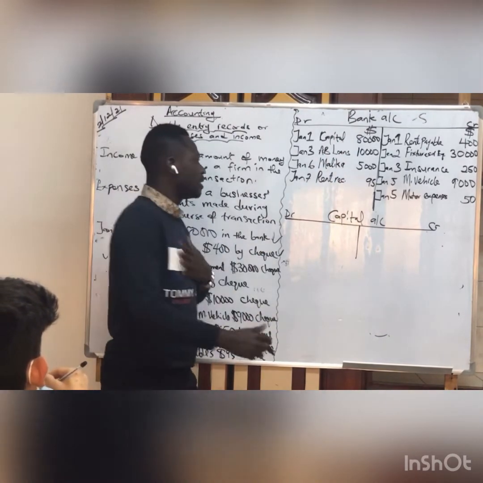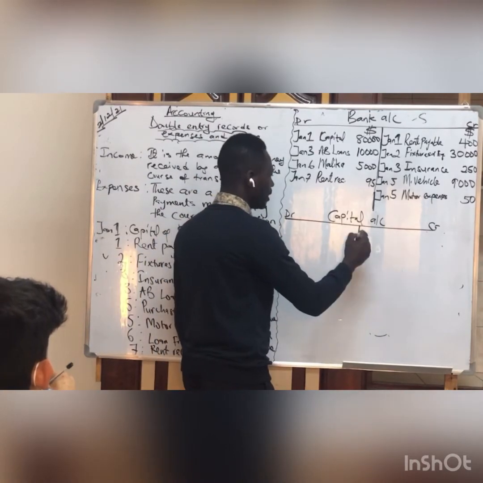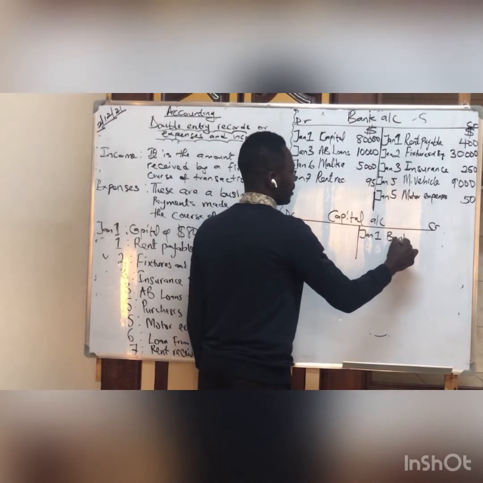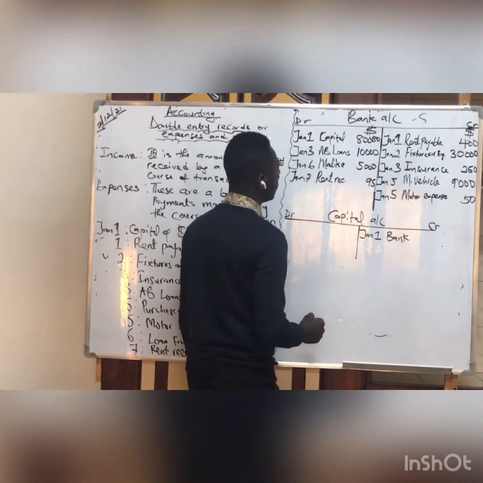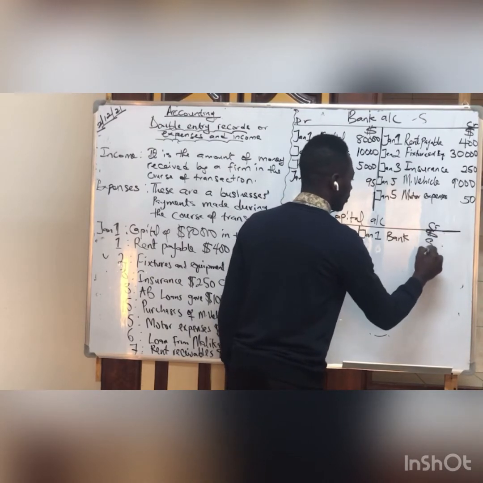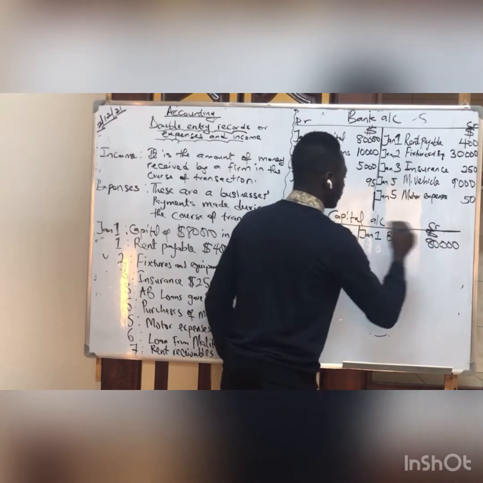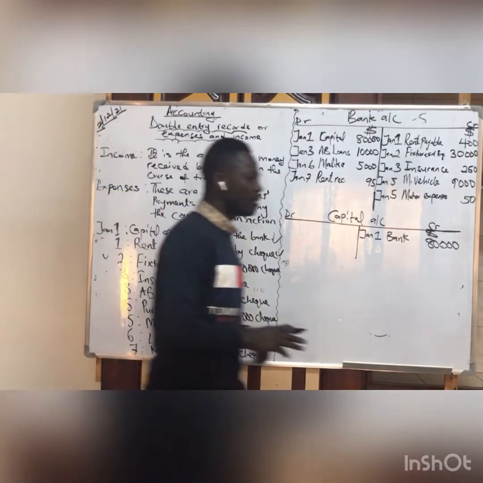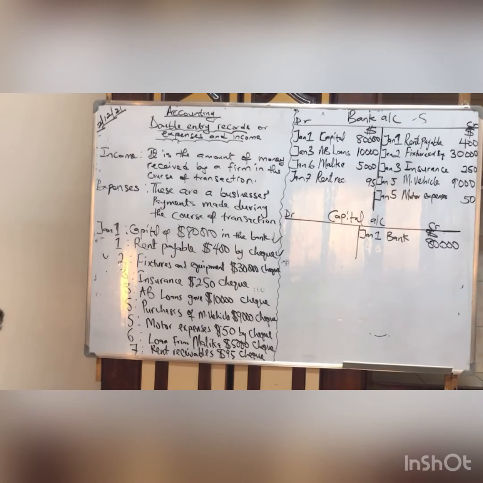And what is going to be the name? Bank. Thank you. So we have January 1, bank. How much? 80,000. Is it clear? Yes. Do you have any other capital? No. That's all about the capital. We're done with that.